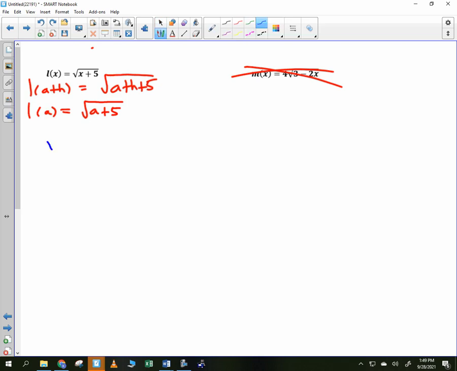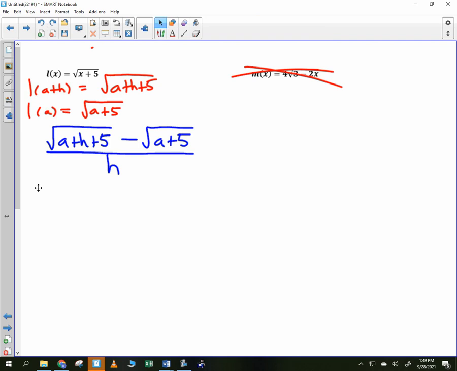So I subtract the square root of a plus h plus 5, and I subtract the square root of a plus 5, and it's all over h. And now we get to begin our little discussion about what to do.